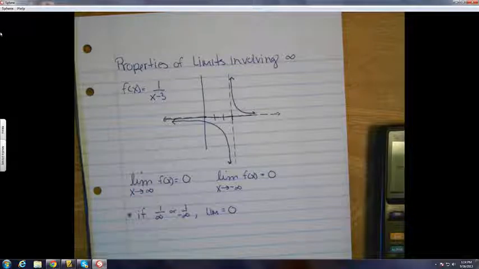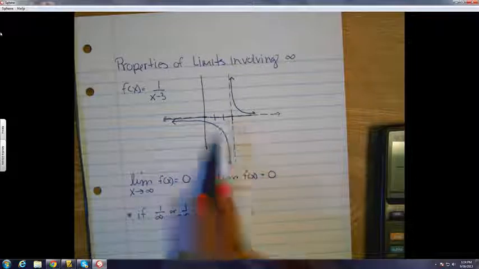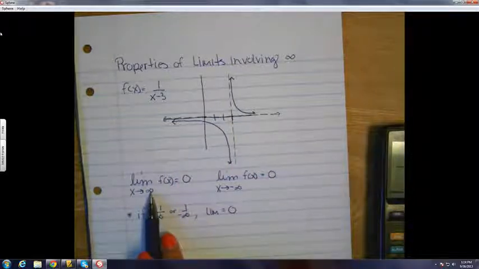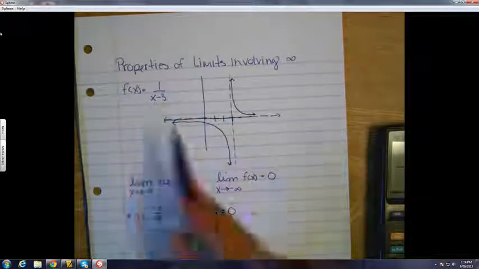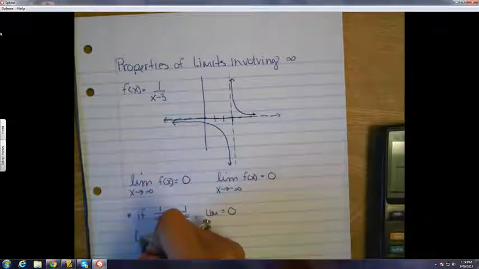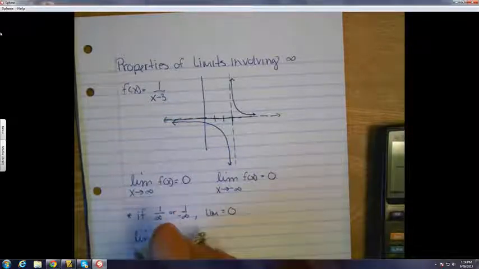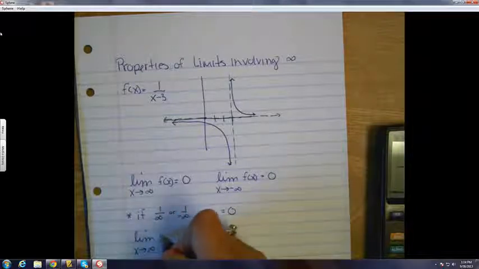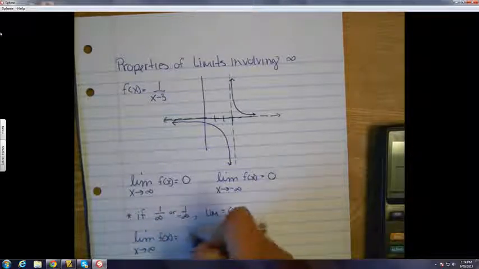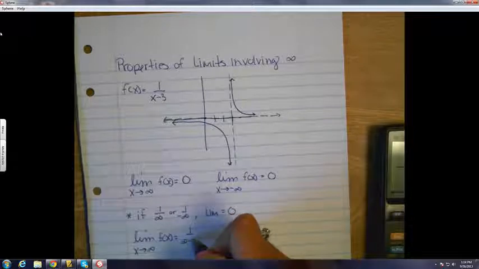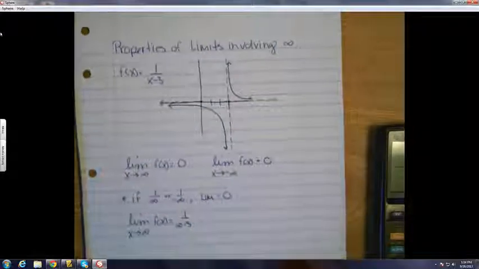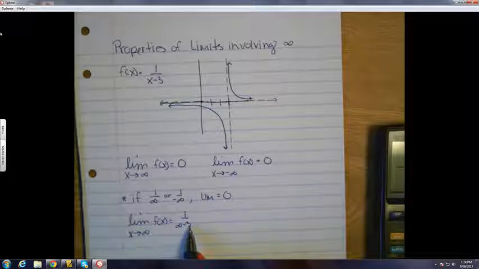So, if I look back and try to redo this without looking at the graph, just by substituting infinity in for the x, I'll show you what happens. You get the limit as x approaches infinity of 1 over infinity minus 3. Okay? Infinity minus 3. Think of infinity as all the sand on the beach across the world, minus 3 little grains of sand.